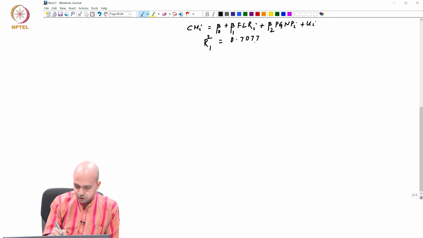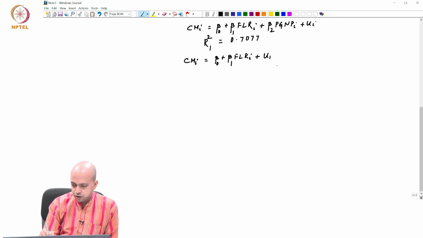And then we run the other two models, CMR equals beta 0 plus beta 1 FLR plus U1. What is the R square value? Let us say this is called R square 2.